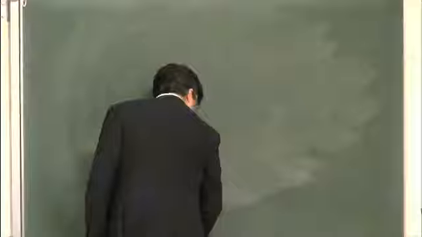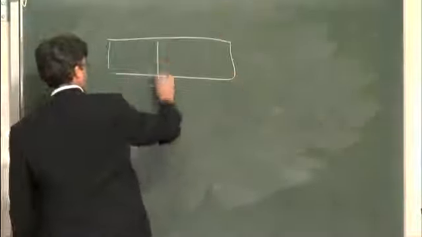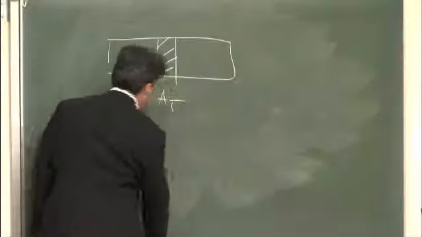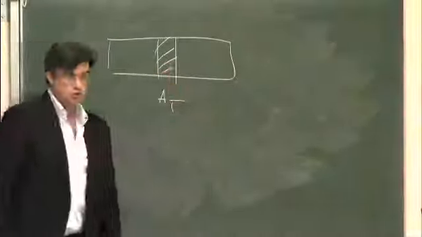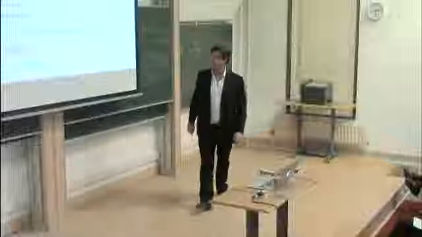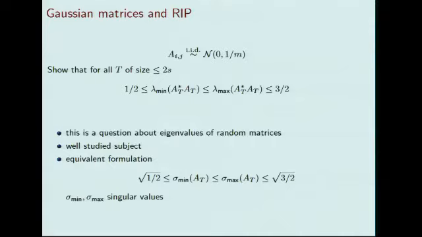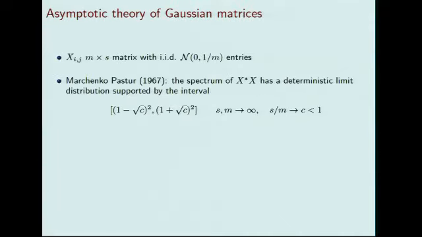Remember that I have a fat matrix and I'm going to take a subset of columns. That's A_T. So what I get to see here is a tall Gaussian matrix, and I want to understand the distribution of its singular values. If I take a matrix which is now m by s, it has m rows and s columns.